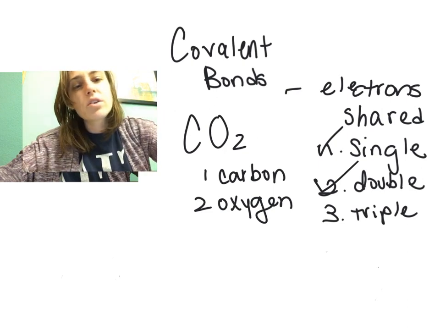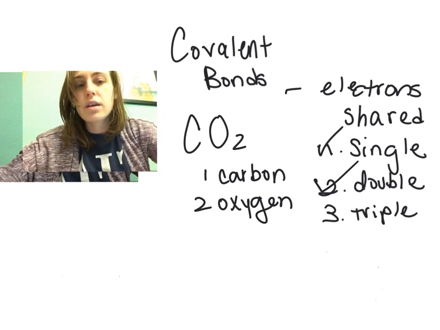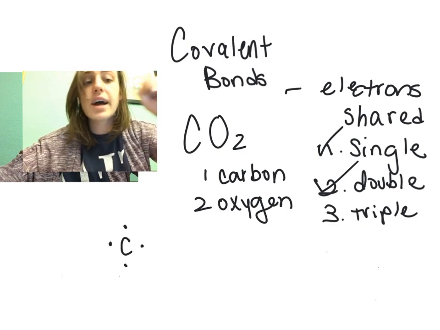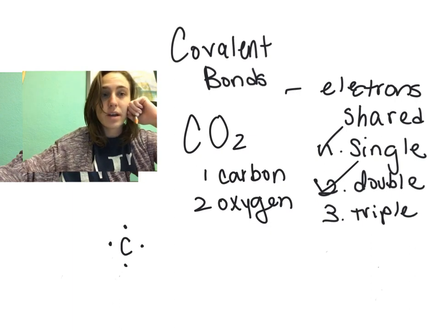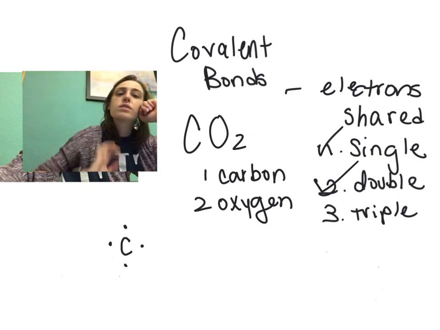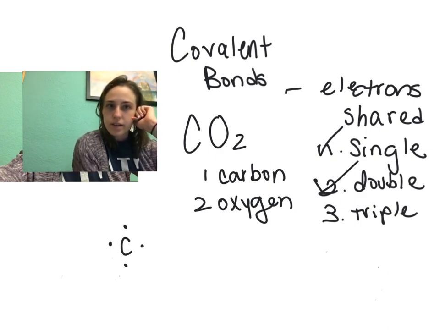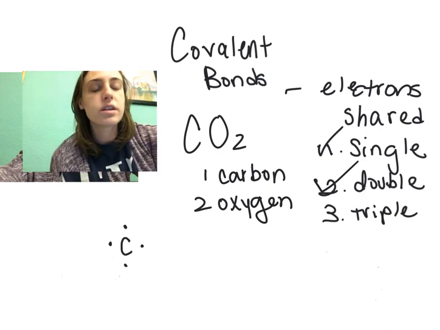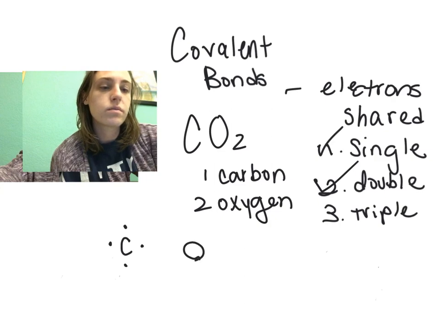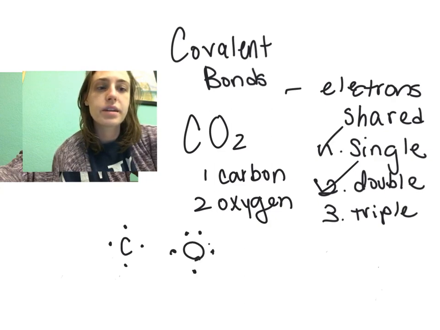If I were to draw the Lewis diagram for carbon, it would look something like this. 1, 2, 3, 4, exactly like we did before. Now, oxygen is going to be a little bit further down. So it's going to have 6 valence electrons, okay? So oxygen looks like this. 1, 2, 3, 4, 5, and 6.